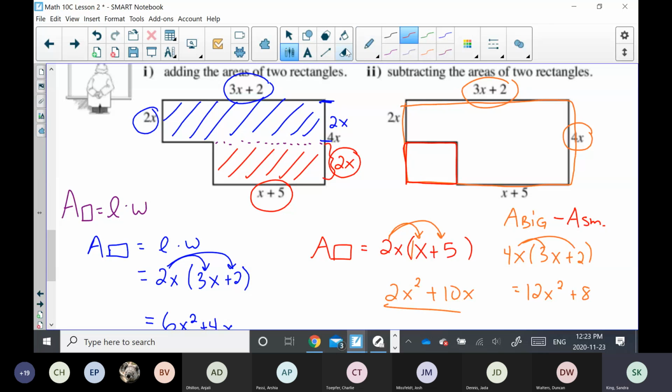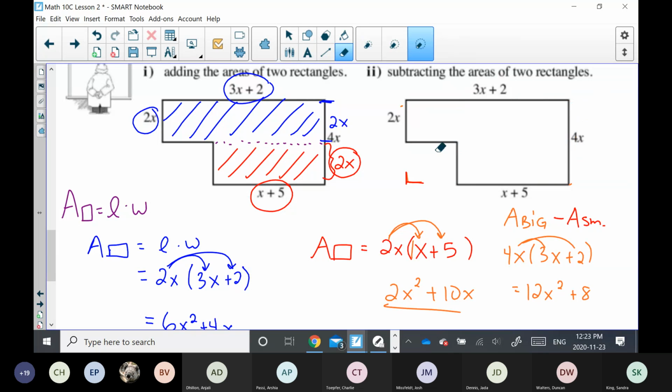Okay, so I'm just going to erase so we could figure out what the length and width of the small would be. Okay, so this little rectangle, okay, so we got to think about this and what we need to figure out. Okay, if this is 2x, I know that this is 2x, right?